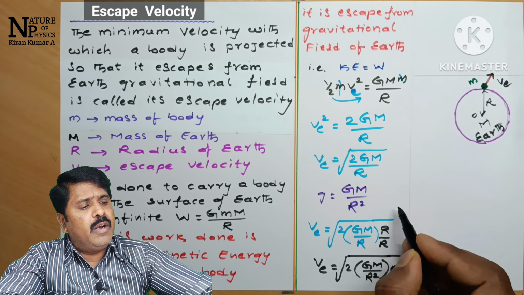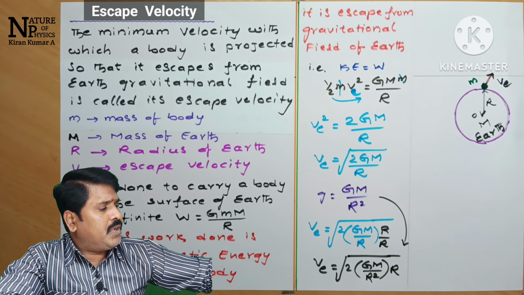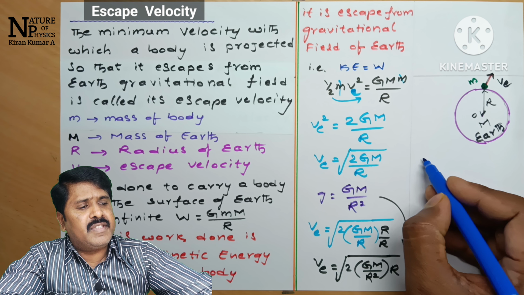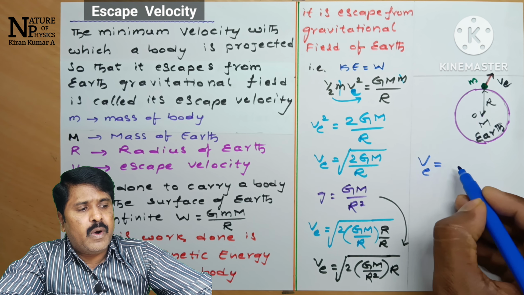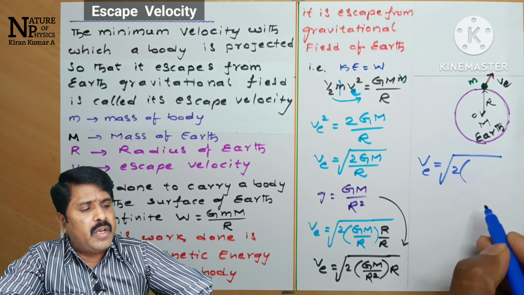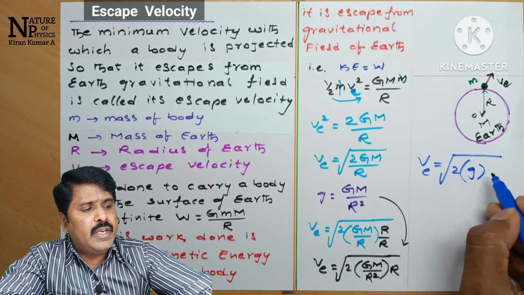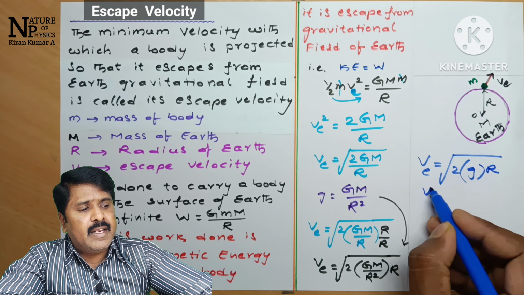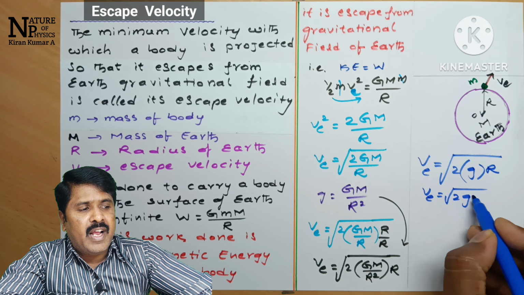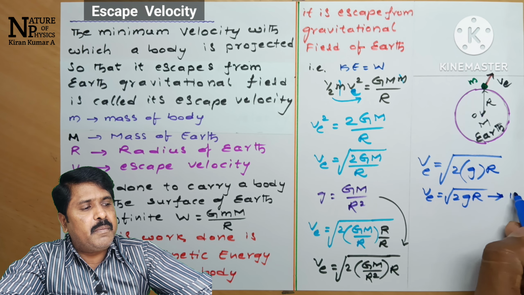Now replacing the value in this equation, the resultant equation is escape velocity Ve equals the root of 2 into, students, G M by R square, which is equal to small g, into R. I get escape velocity equal to the root of 2 g R. This I can write as equation number 1.